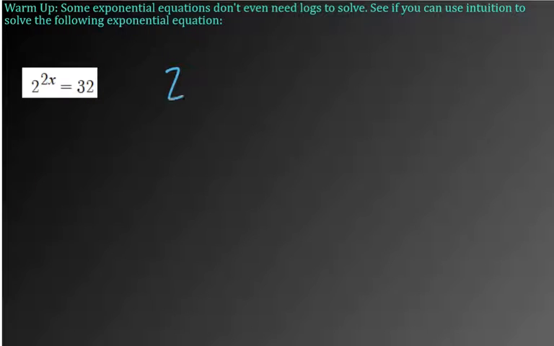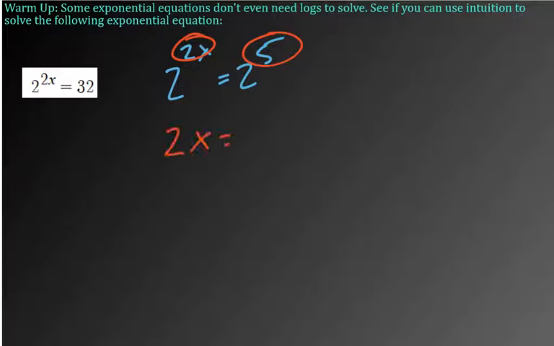So you can say 2 to the 2x equals 2 to the 5th. And you basically don't need logarithms at all, because the only way 2 to something here can equal 2 to something else is if those things on top, the 2x and the 5, are equal to each other. So 2x has to equal 5, and then you could just divide by 2, and you get 5 halves.